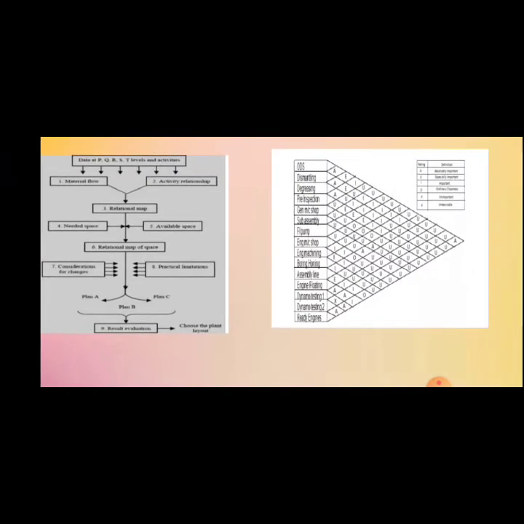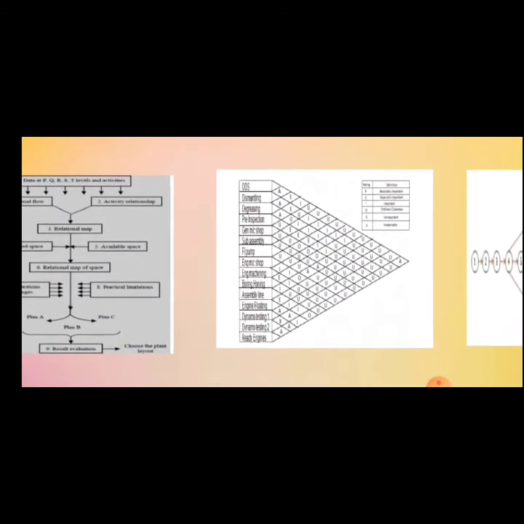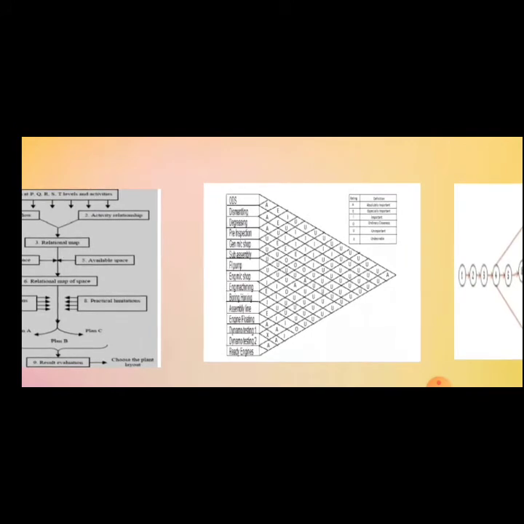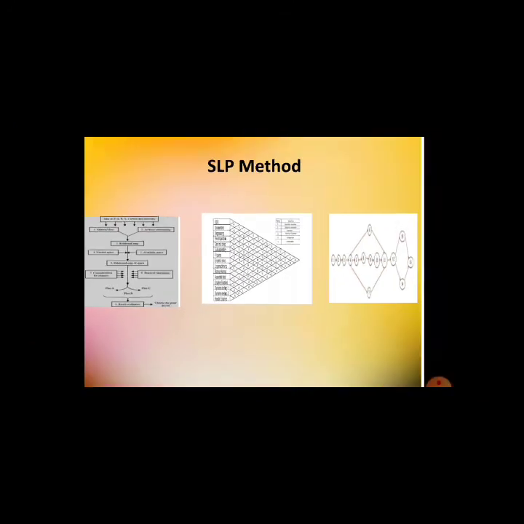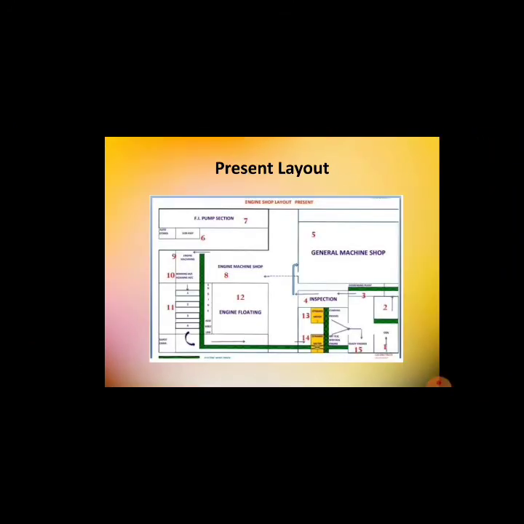According to this, a relationship chart is drawn like this. In the layout we saw previously, numbered from 1 to 15, the relationship is drawn between these 15 items, like 2 to 4, and how important or how urgent it is.